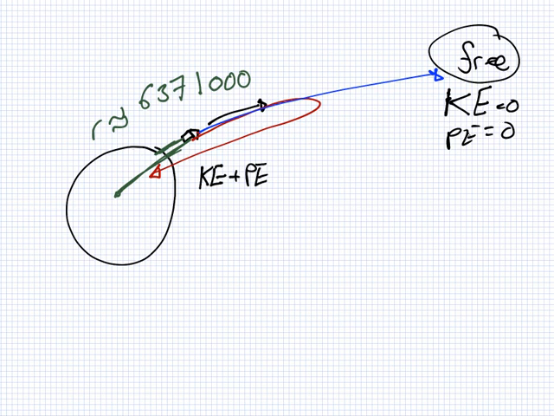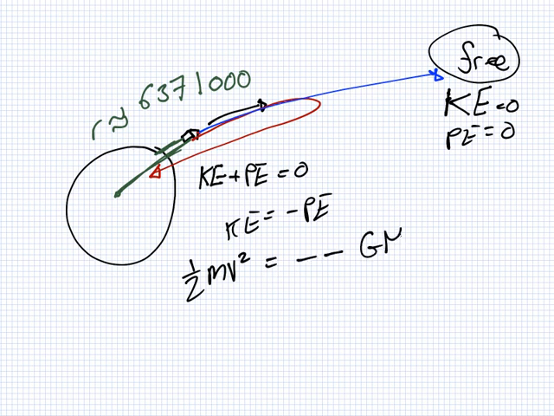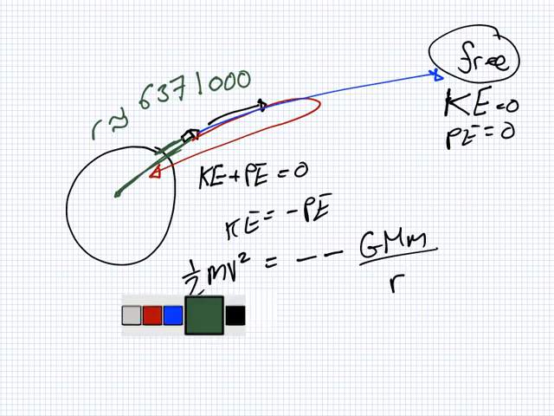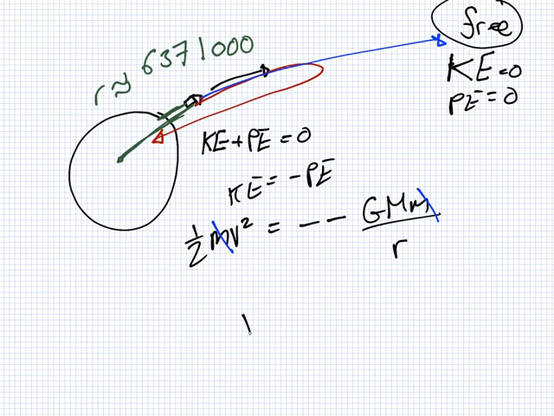So if this is zero, it means this is zero, which means this minus PE. This is a half mv squared equals minus GMm over r. Well, that's nice because we don't actually need the mass of the rocket, it's not important. So the v will be the square root of 2GM over r.